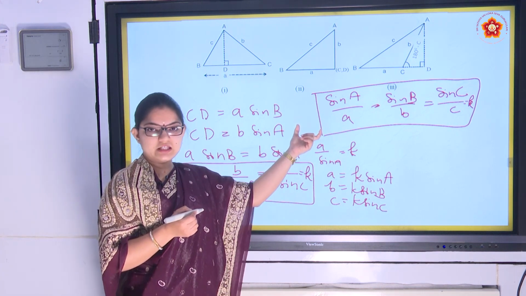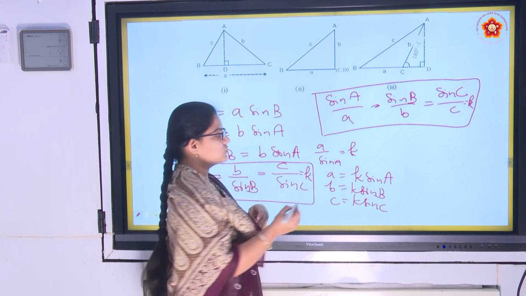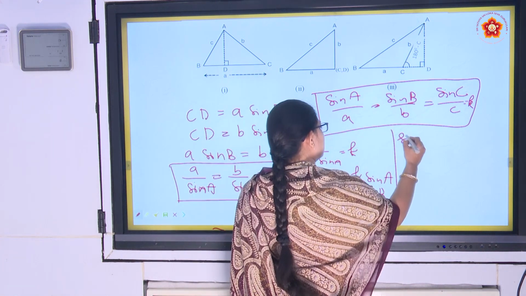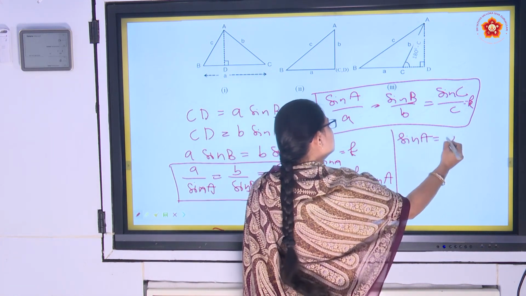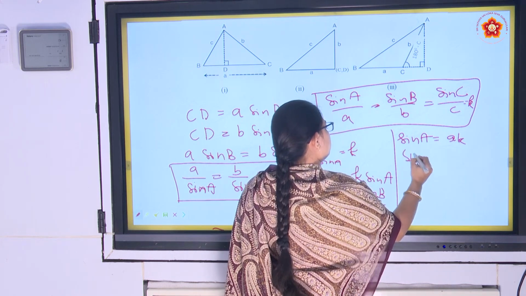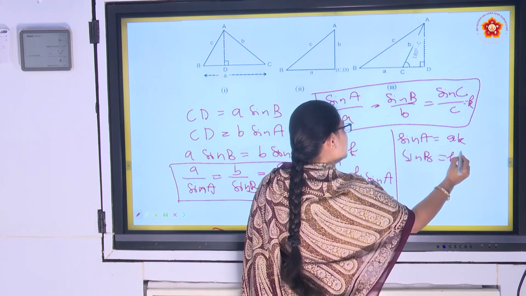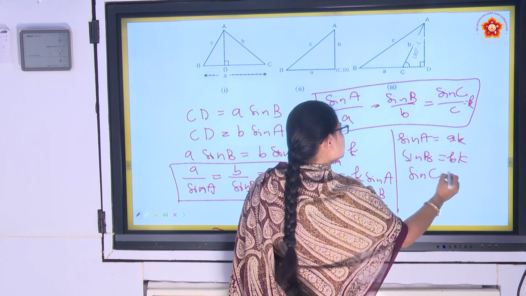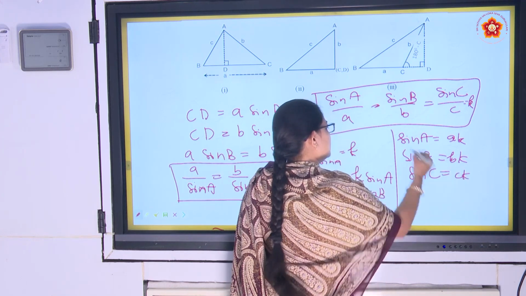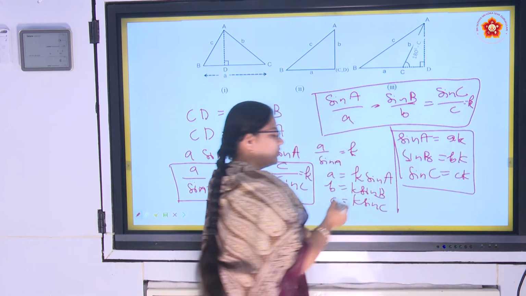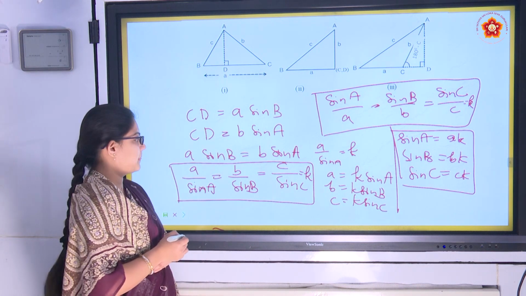Similarly here also, sin A by A is equal to K, so I can write sin A is equal to AK, sin B is equal to BK, sin C is equal to CK. This also we can use for solving the problems.